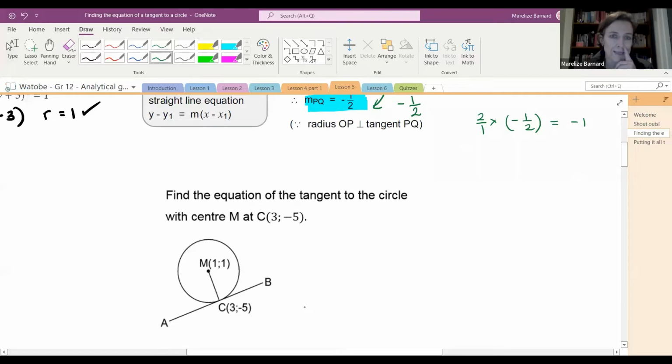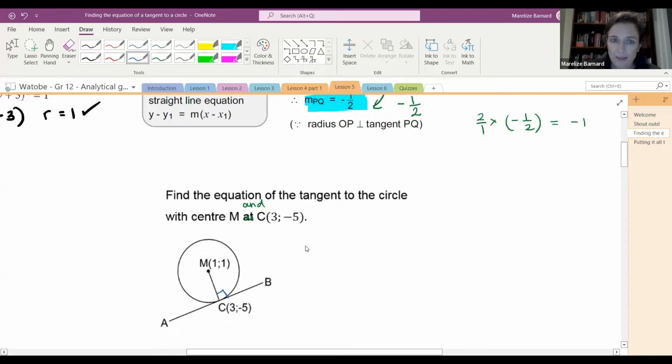Find the equation of the tangent to the circle with centre M and point C (3, -5). The first thing we do is put down that 90-degree angle because the radius and the tangent are perpendicular. So AB is perpendicular to MC.